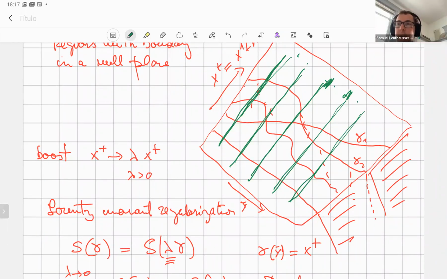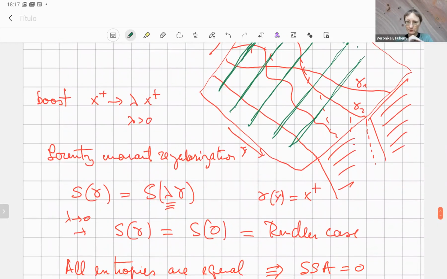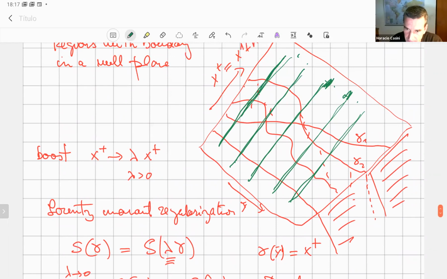Great. Thanks very much. Just to follow up on that, once you specify that it's localized in the null plane, then the non-interactivity just follows from causality, right? Because there is no other way of influencing. Would that be a right way of thinking about it? Well, causality does not.